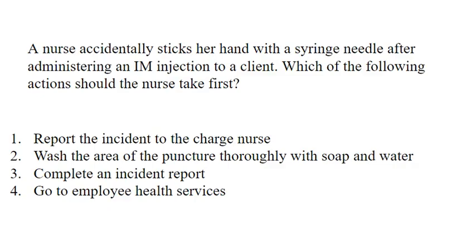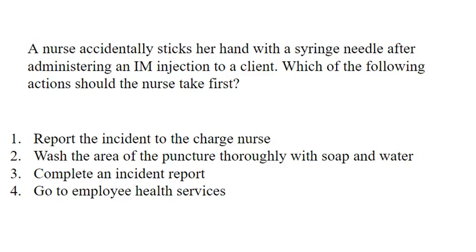So the last step of this whole process: what would cause the least harm, or if I could only do one thing, what is the one thing that would help this patient the most? Making an incident report, which we have to do, is not really going to help my person. Wash the area of the puncture thoroughly with soap and water, sure, that's a good thing we can do. Complete an incident report is very similar to number 1.